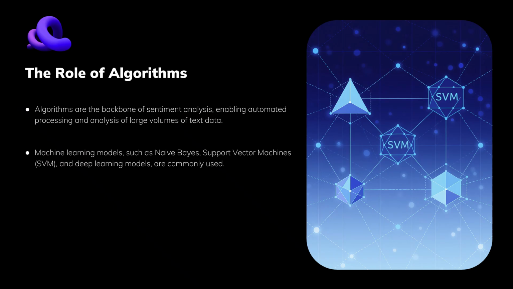So coming to the next slide, the role of algorithms. Algorithms are the backbone of sentiment analysis. Let's take naive Bayes, for example, a simple yet powerful algorithm that calculates the probability of a word being positive or negative based on training data. More advanced models like Bidirectional Encoder Representations from Transformers understand context.